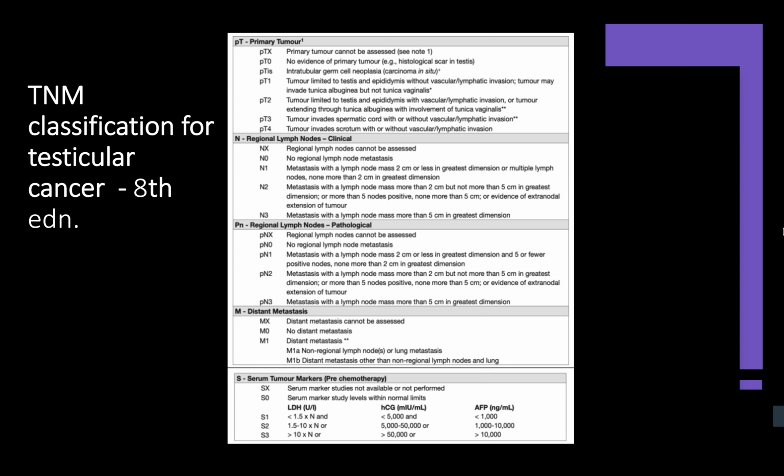N1 is a lymph node mass or multiple lymph nodes, none of them larger than 2 centimeters. N2 is a lymph node mass or multiple lymph nodes between 2 to 5 centimeters. And N3 is a nodal mass or multiple lymph nodes more than 5 centimeters in diameter.